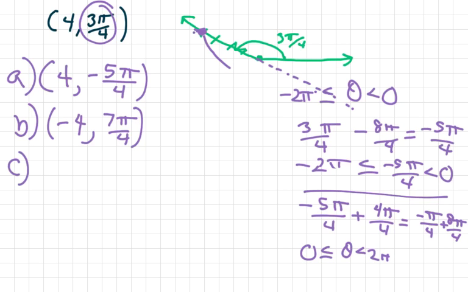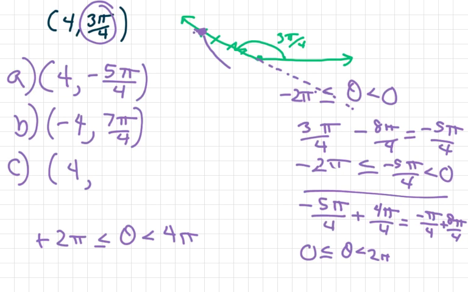Now the last one, we want our r is positive, but we want our angle to be between positive 2 pi and 4 pi. So basically, all I'm going to do here is keep adding 2 pi.